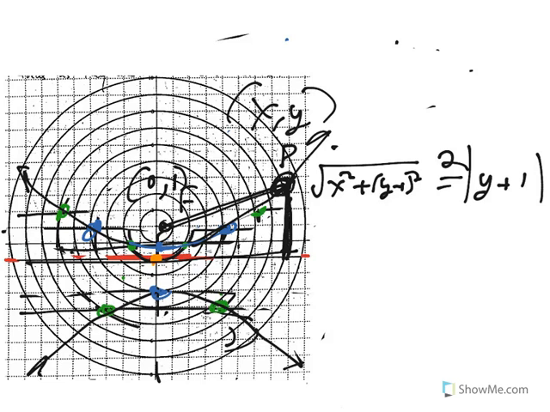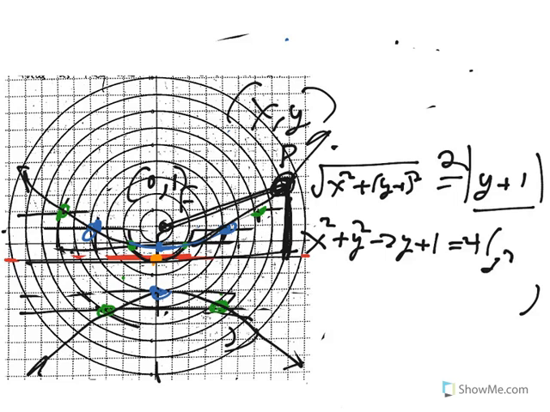And in one sense we're done, but in another sense it doesn't really look like a hyperbola equation. So I'm going to square both sides. When I square the right side, I get 4, don't forget that. And then in parentheses, I'll square the y plus 1 to get y squared plus 2y plus 1. Distribute the 4 through.